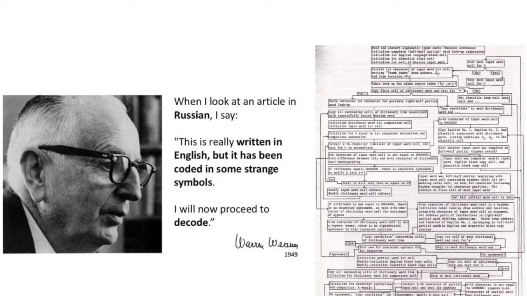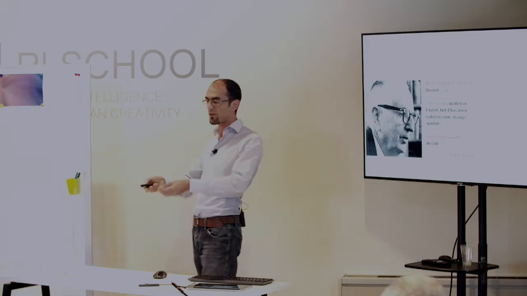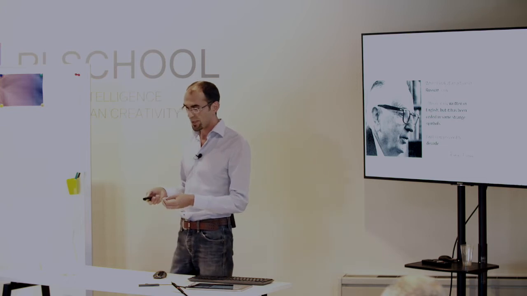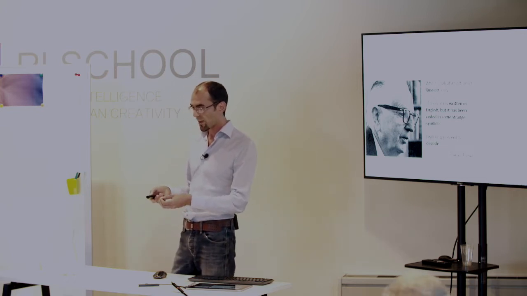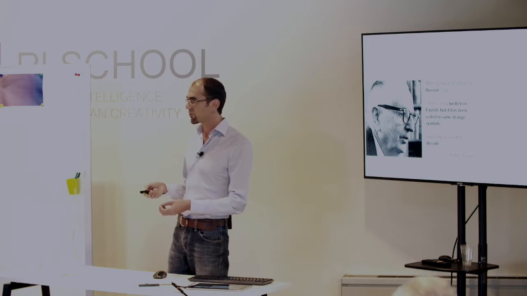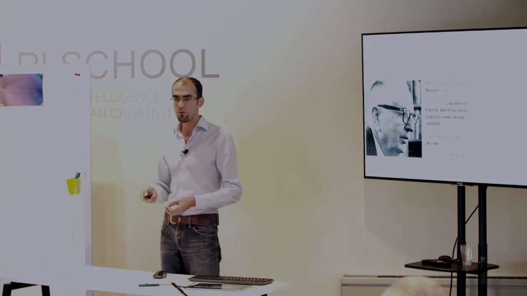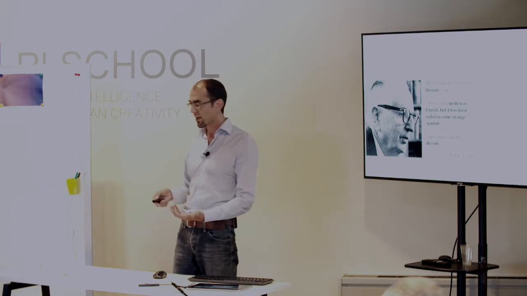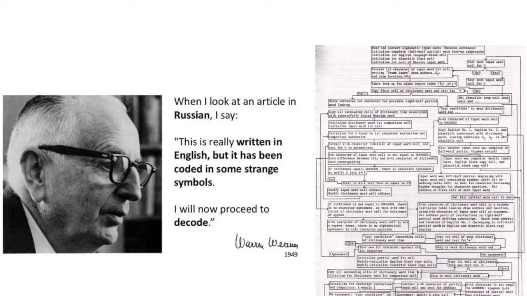There was a demonstration of this system in New York, a translation system built on rules. It had about 10 grammar rules, a vocabulary of 250 words, and the demonstration had 50 carefully chosen sentences in Russian translated to English.